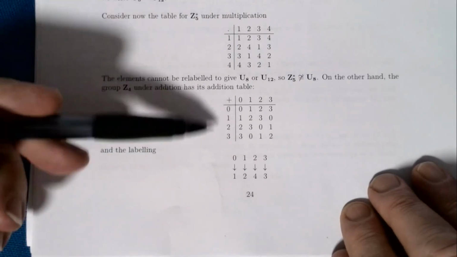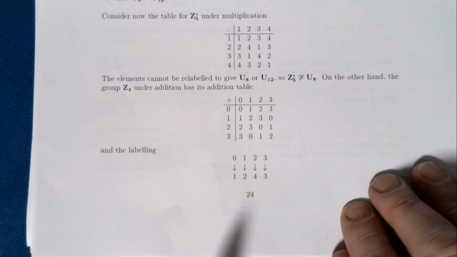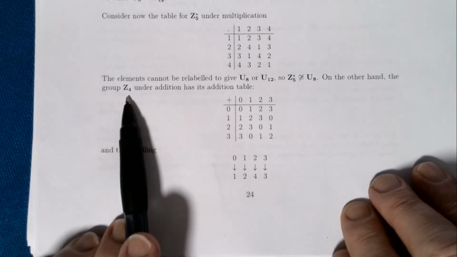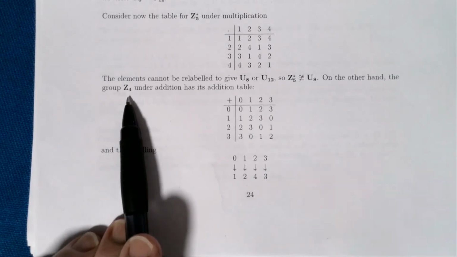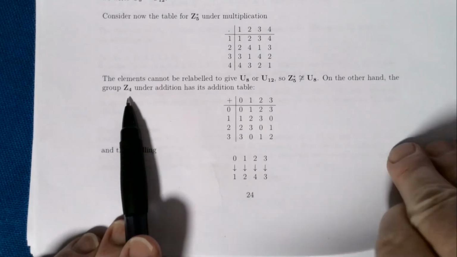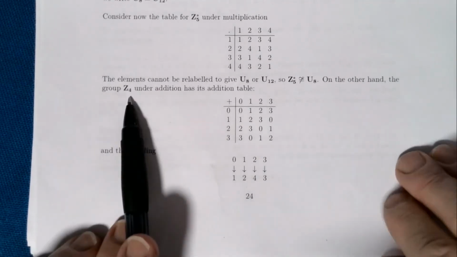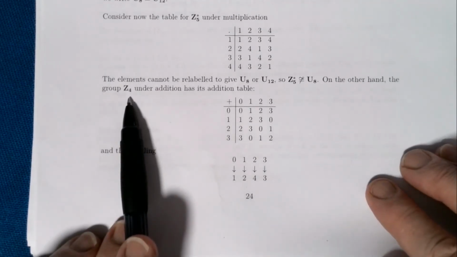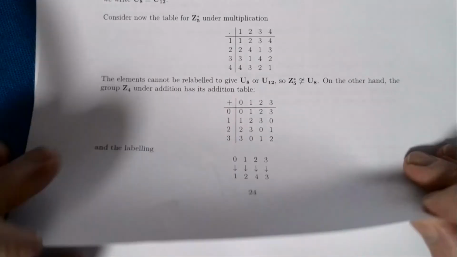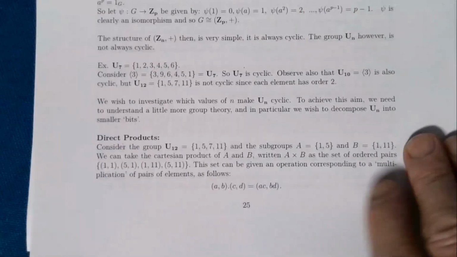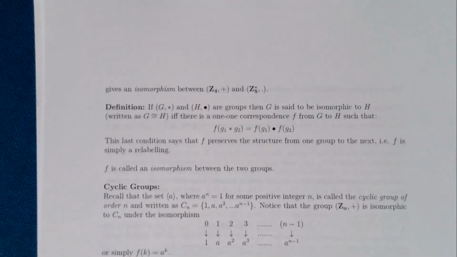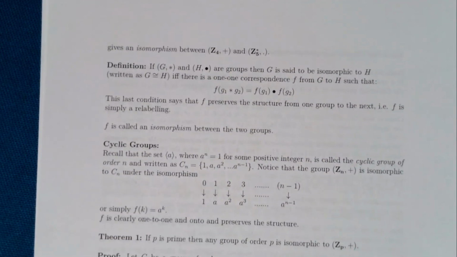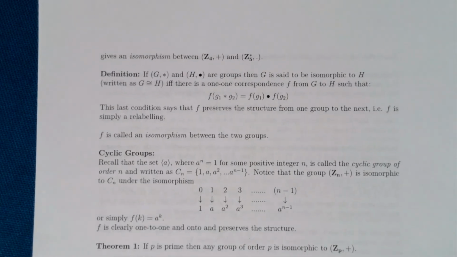That's going to tell us that the group Z4 under addition is isomorphic to the group Z5 under multiplication. So you don't even need to have the same operation going on here. You can have two groups with different operations that are isomorphic to each other. So this gives an isomorphism between Z4 under addition and Z5 under multiplication.